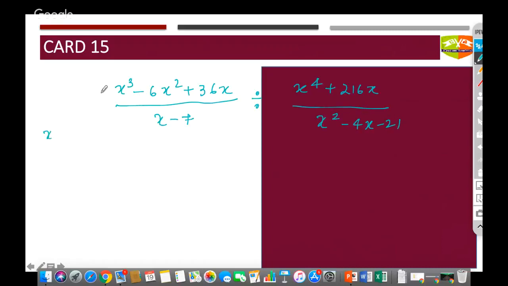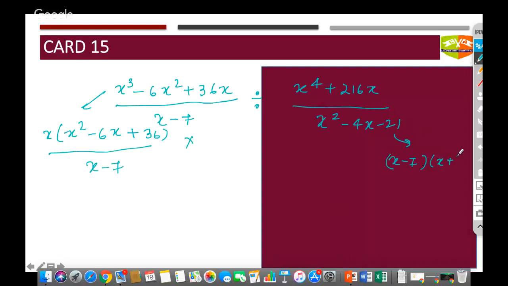So here in the numerator x can be taken outside, and this is x square minus 6x plus 36. I can write the denominator as x minus 7, and x square minus 4x minus 21 is x minus 7 x plus 3.